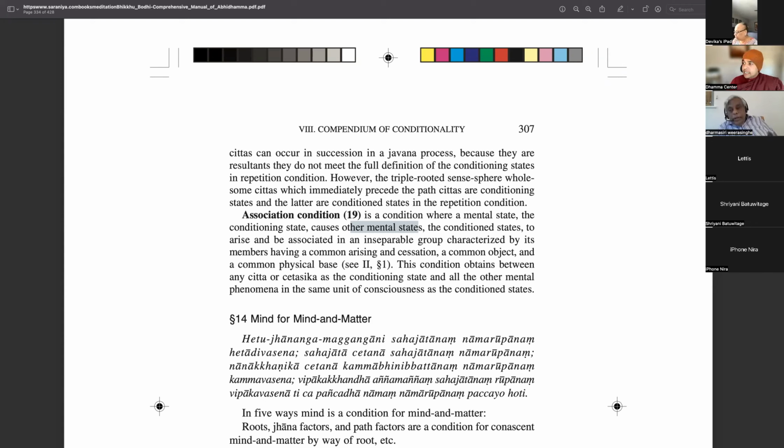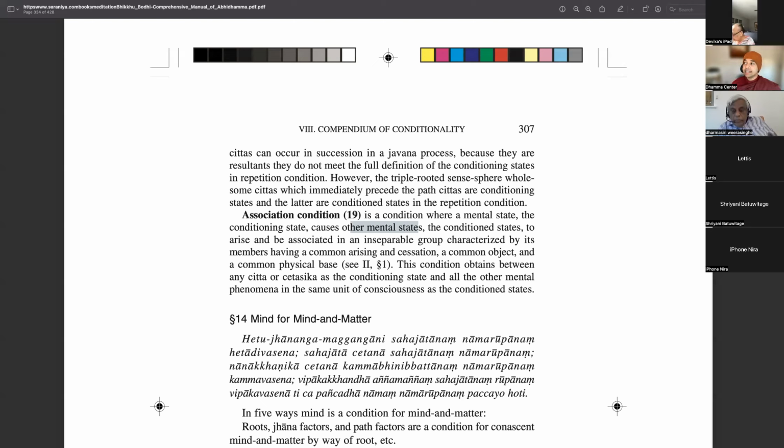So for association condition to be fulfilled, both the conditioning state and the conditioned state have to be mental.